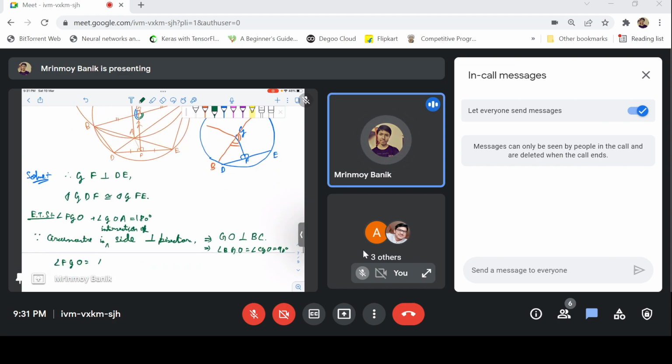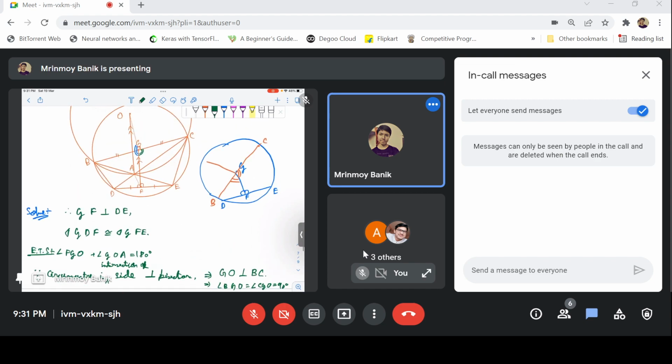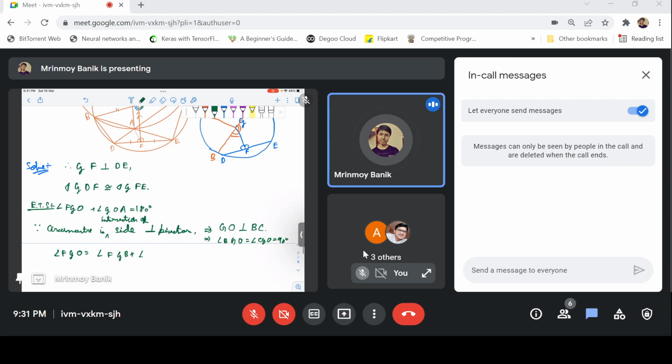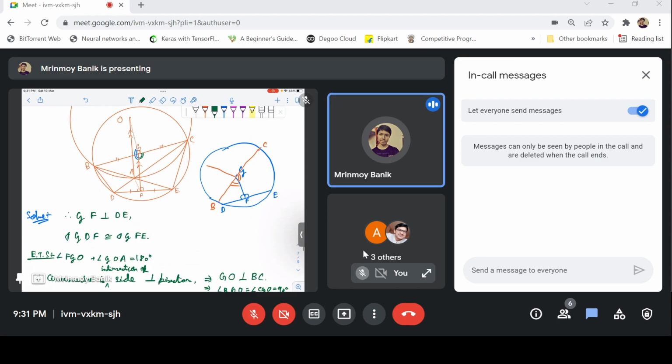Then FGO is angle FGB plus, or I can say the reflexive angle, or it doesn't matter. So how should I say it? Let me write a small r here. So the reflexive angle FGO, I am talking about this angle.